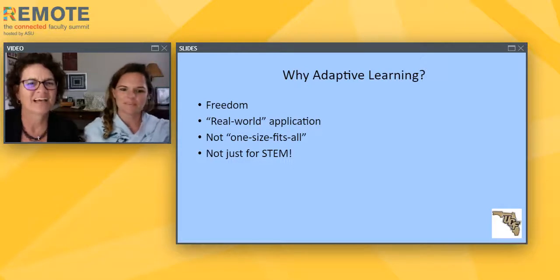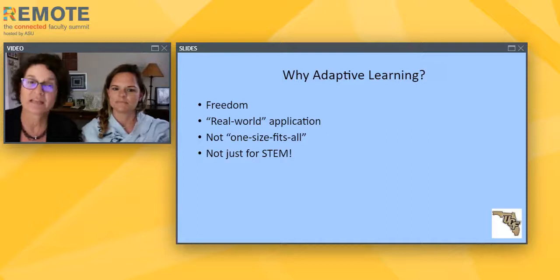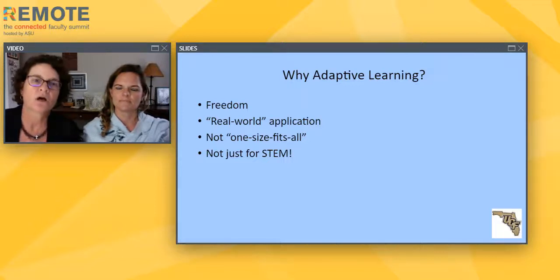Great. So one of the reasons that we are fans of adaptive learning is that it has allowed us a lot of freedom in our courses that we've redesigned to incorporate it. With that freedom comes the ability to deliver course content that we feel has a real world application. It's information and skills that our students can actually use in the real world.